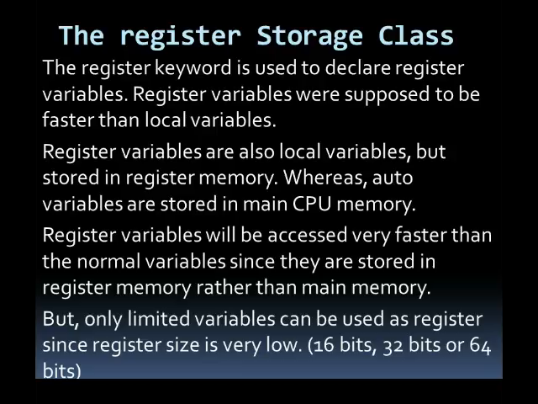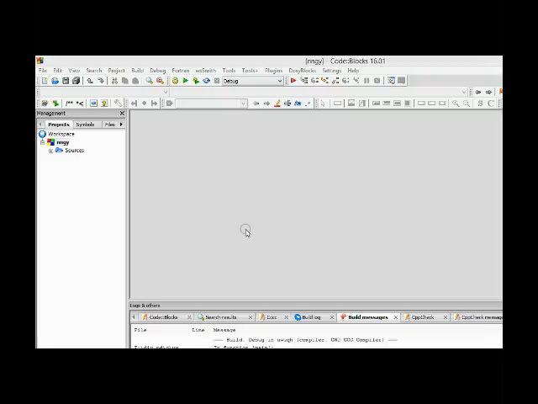So a register variable will be accessed much faster than normal variables because it is stored in register memory rather than in main memory. Only a limited number of variables can be stored in registers because register size is very small. Now let's see an example for the register storage class.